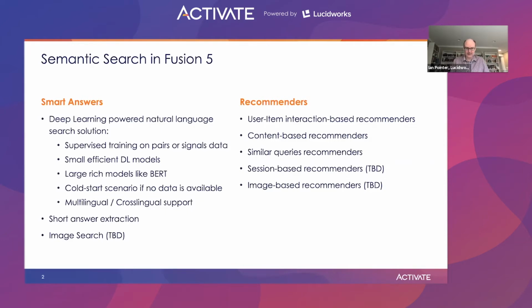And we also can use Smart Answers in a cross-lingual fashion, which Sava will be showing off later in the talk. We'll soon be adding short answer extraction to our Smart Answers feature, and some of the technology that we show off in today's demo will be used to implement image search. So let's take a look at how some of that is implemented at the moment.